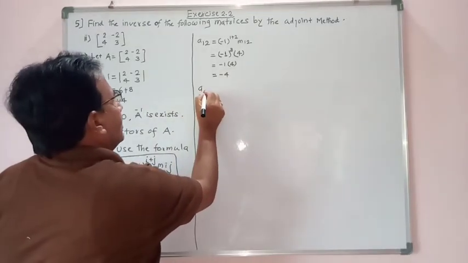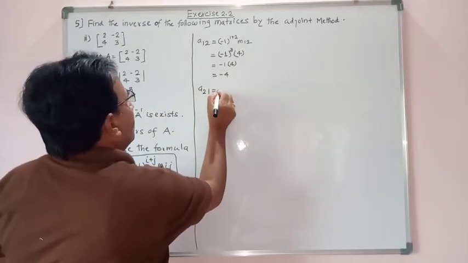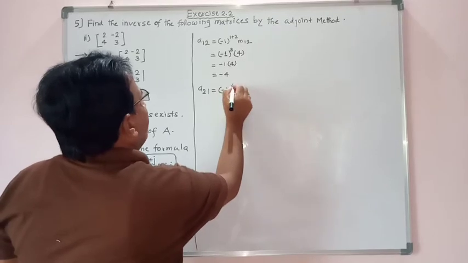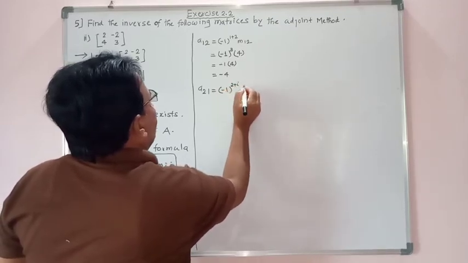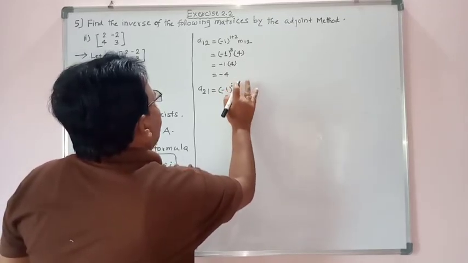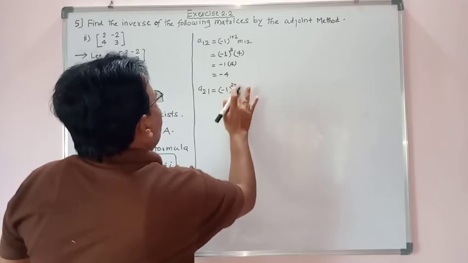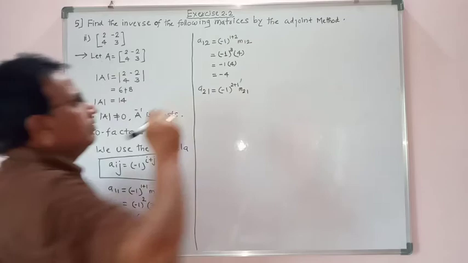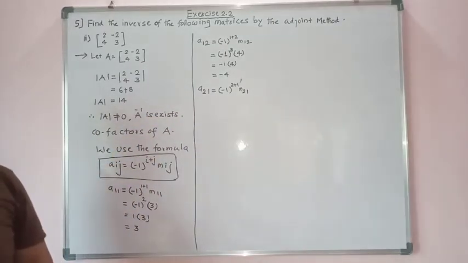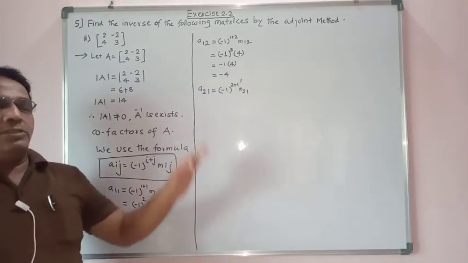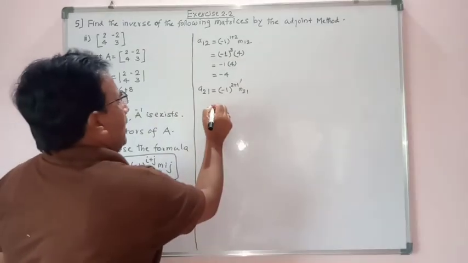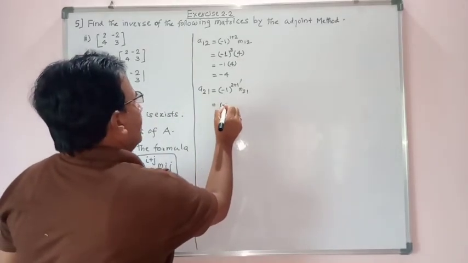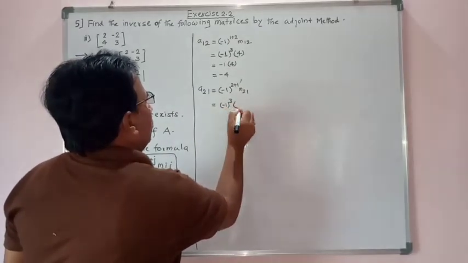Next cofactor is A21 equals (-1) raised to 2 plus 1 into M21. 2 plus 1 is 3.